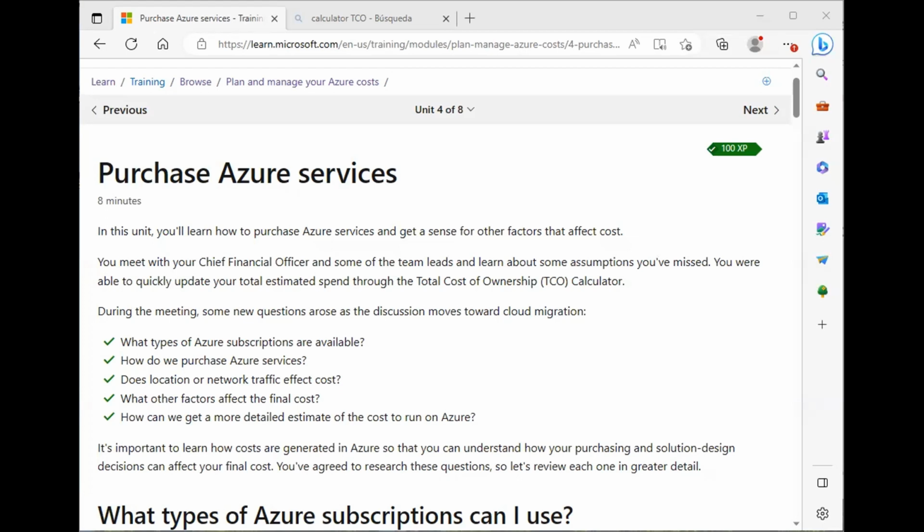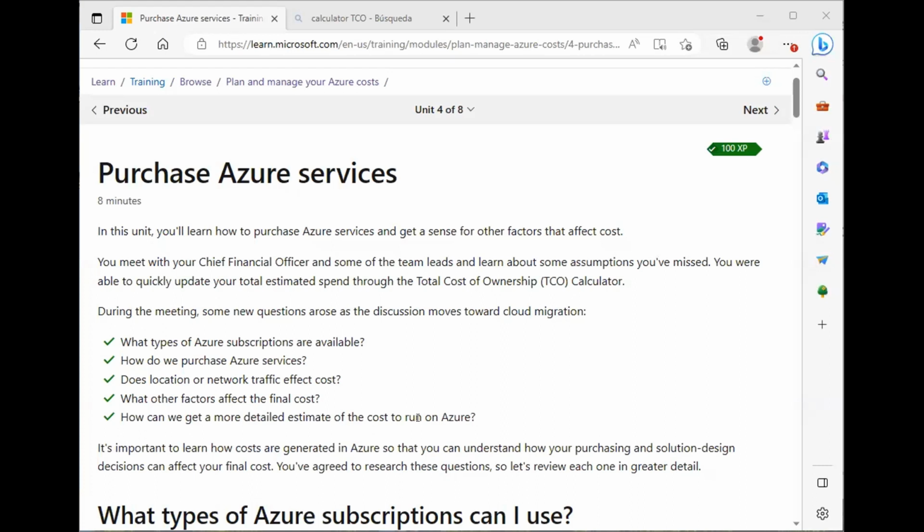In this unit, you will learn how to purchase Azure services and about other factors that affect cost. You meet with your chief financial officer and some of the team leads and learn about some assumptions you've made.